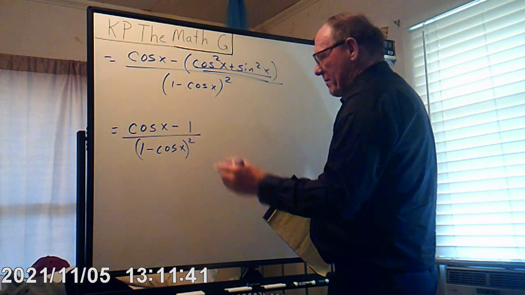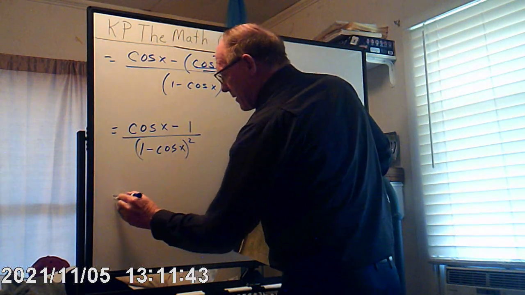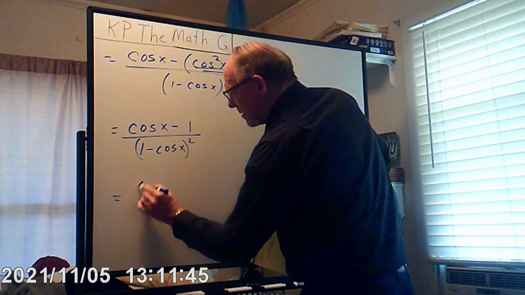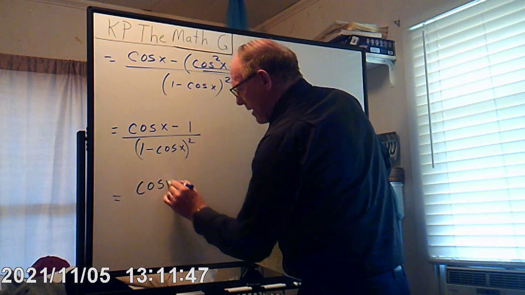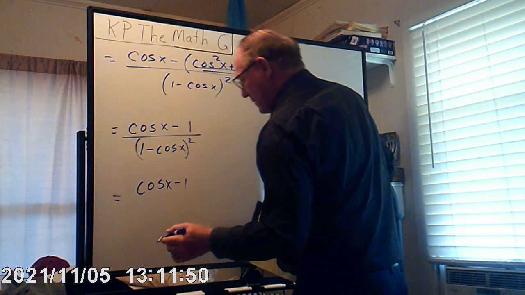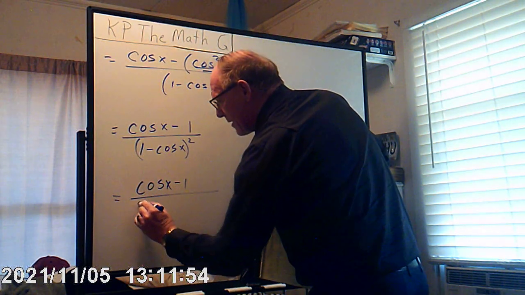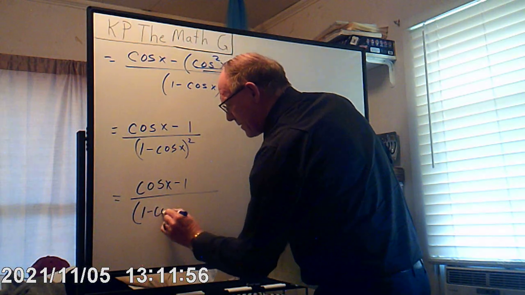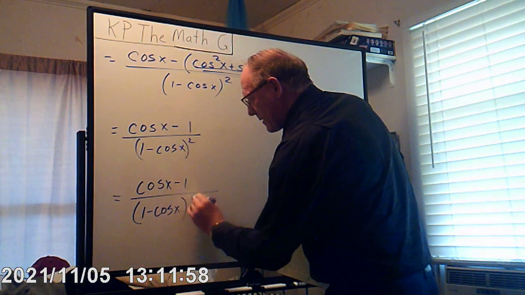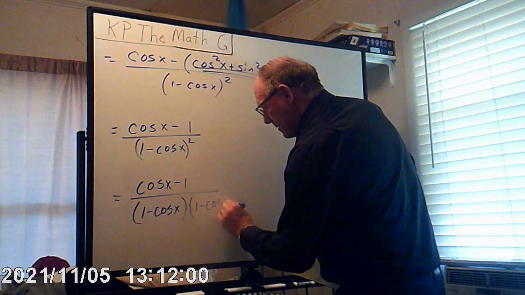So let me show you what I'm talking about. We can say cosine x minus 1 over, now if I want to, I can say this is 1 minus cosine x and 1 minus cosine x.